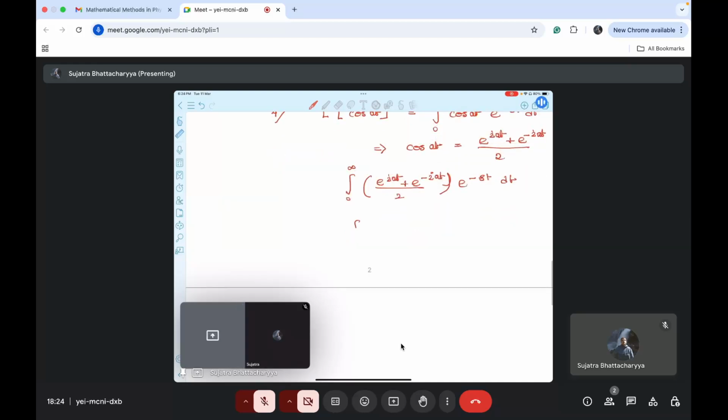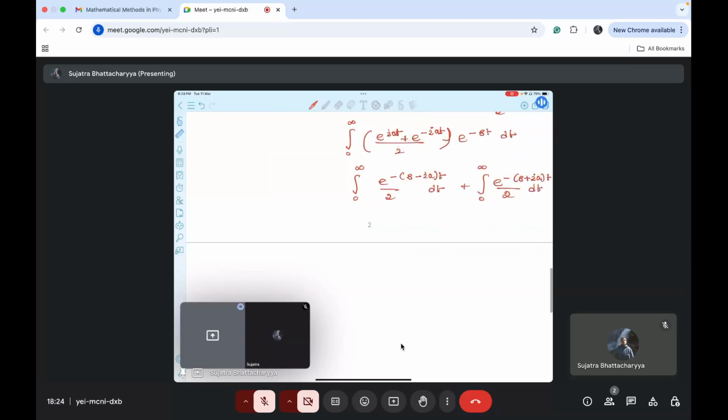In the next step, we can write this as 0 to infinity e to the power minus (s minus iota a) t, divided by 2, dt, plus 0 to infinity e to the power minus (s plus iota a) t, by 2, dt.